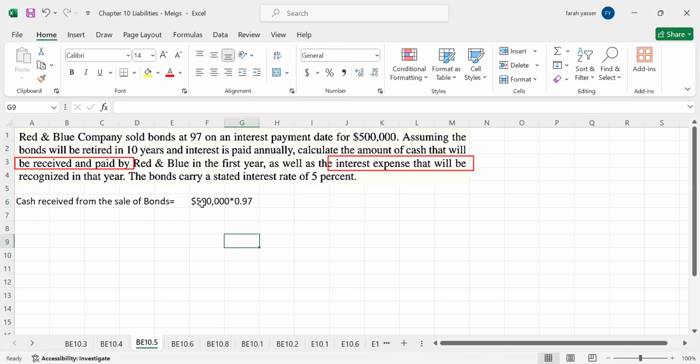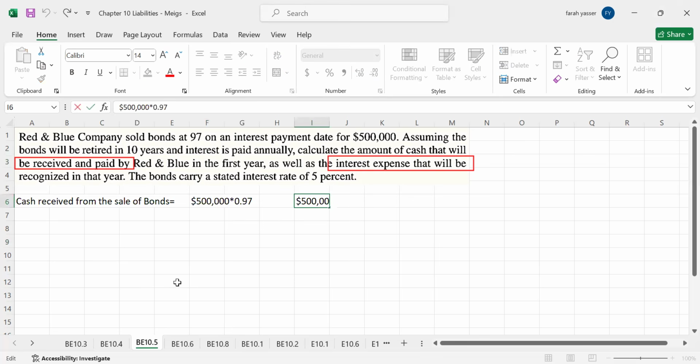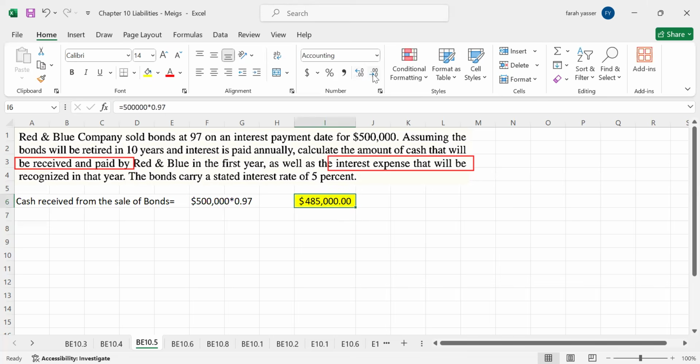So we multiply it by 0.97 to calculate the net amount received by the company. So $485,000 is the total amount that the company received after the issuance of bonds payable.